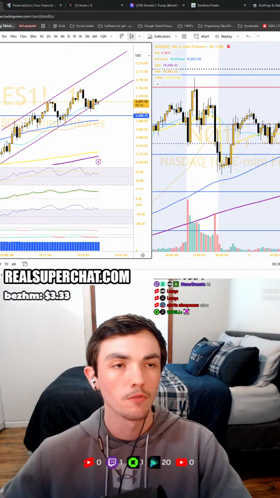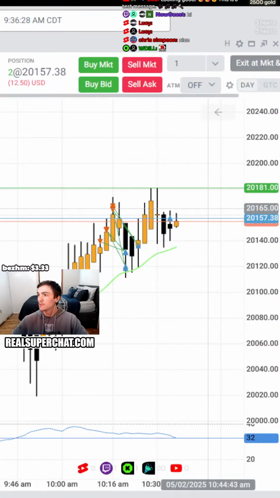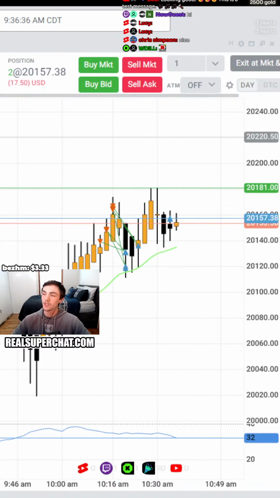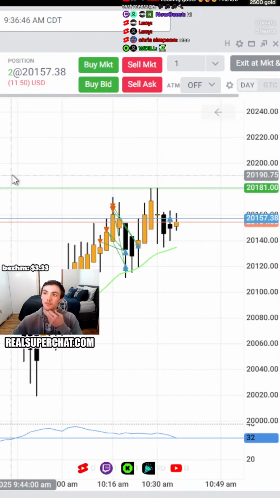Looking for 20 to 30 points. You look at this NQ 5 minute. Looks like it wants to drop. May put a stop on this one. It's only 2 minis though, so I might just let it run.